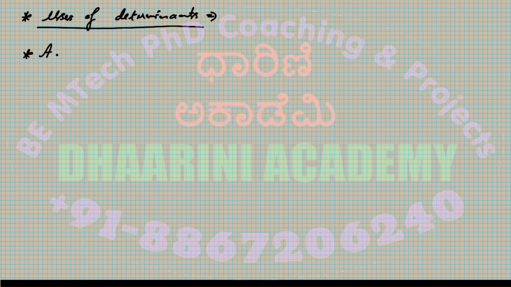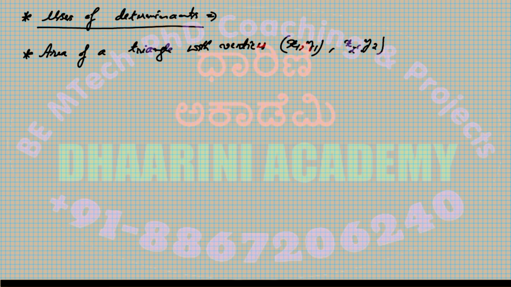The area of a triangle with the vertices as x1 comma y1, x2 comma y2, and x3 comma y3. When we say triangle, we need 3 points.